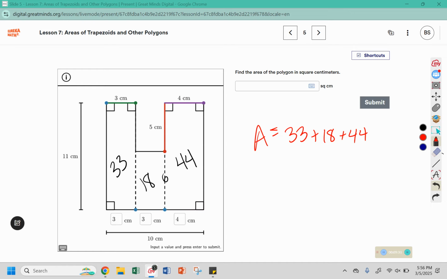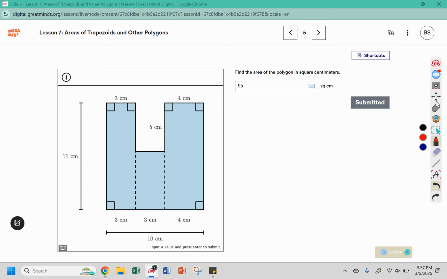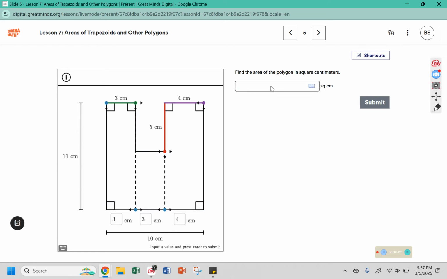So 33 plus 18 plus 44 will tell us the area of the entire polygon. And that is 95. If our answer is correct, remember that it's going to fill in the entire shape with no extra. Let's put in a wrong answer just to see what would happen.